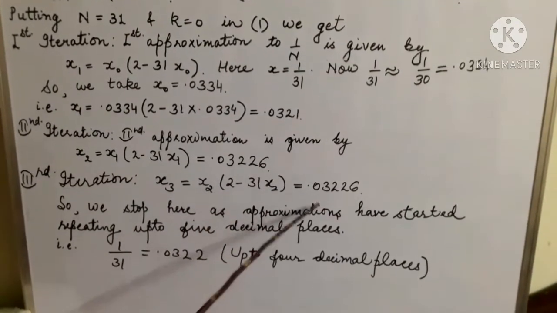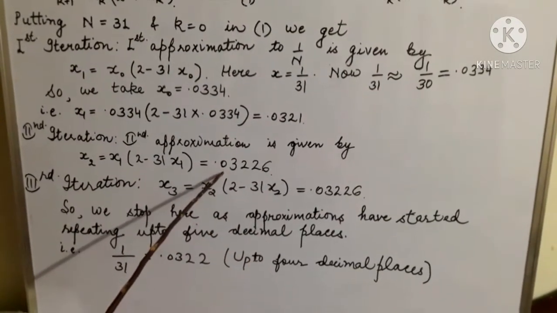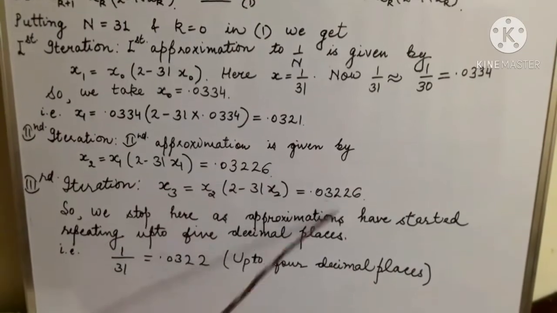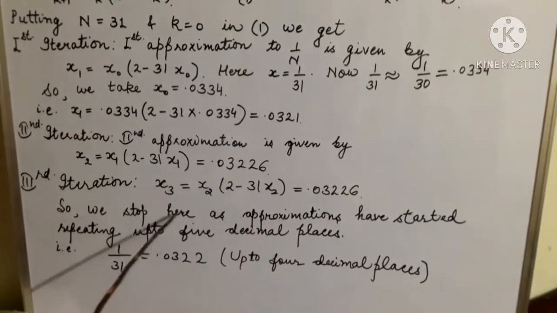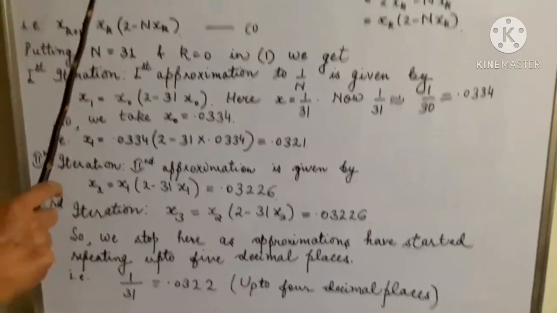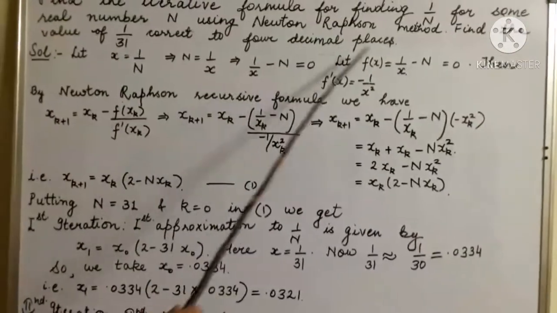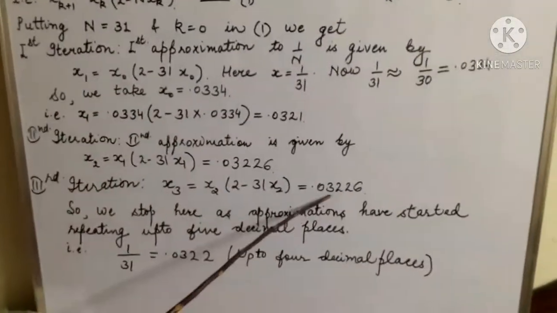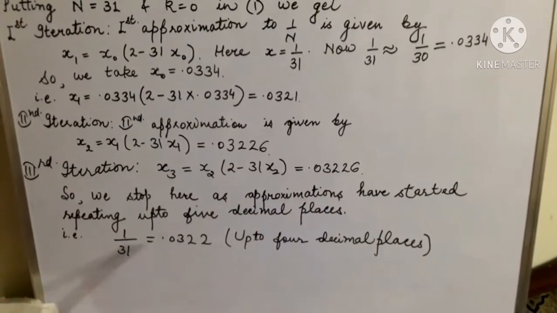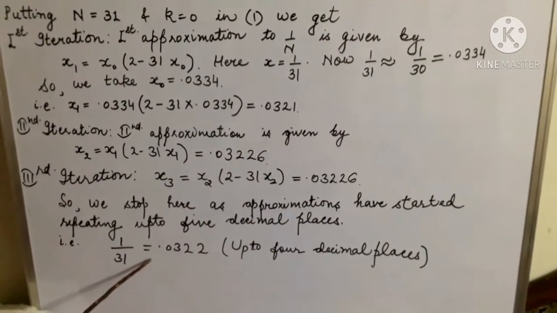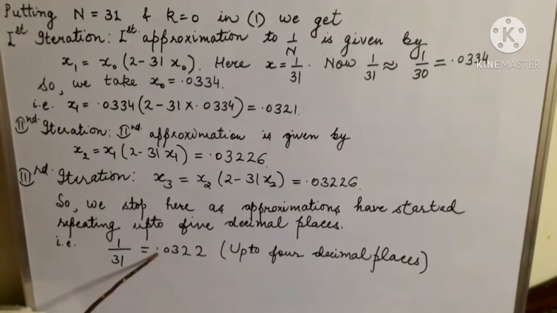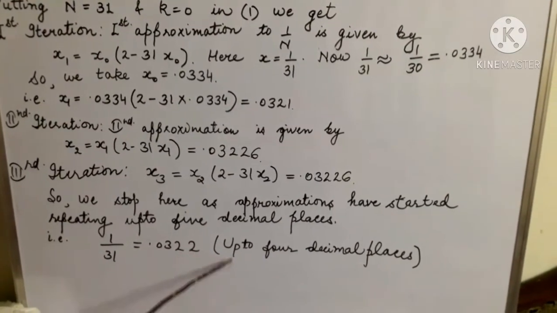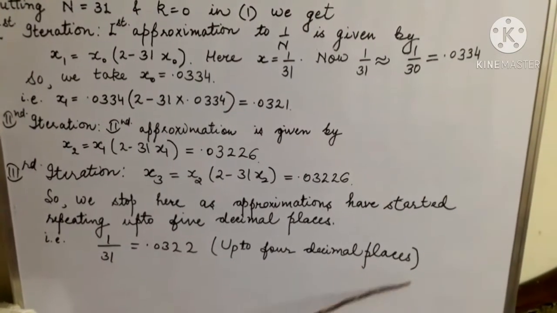They have started repeating up to how many places? 1, 2, 3, 4, 5, up to 5 decimal places. So we stop here, but we had to find the answer up to 4 decimal places. So we will give this as the output up to 4 decimal places. That is, 1 upon 31 is approximately equal to 0.0322 up to 4 decimal places.